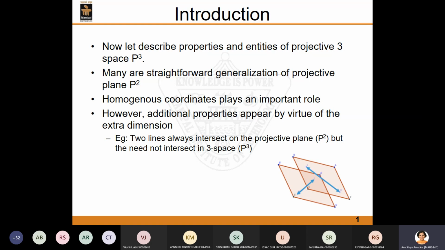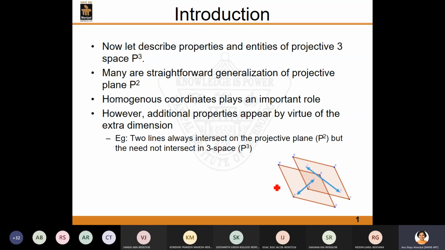One point to remember is that in a 2D space there is a single plane, so any two lines will always intersect at some point. In 3D space, as in the example shown here, a 2D projection of two lines shows a pair of intersecting lines.